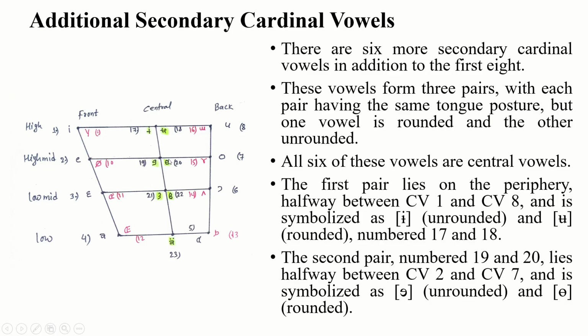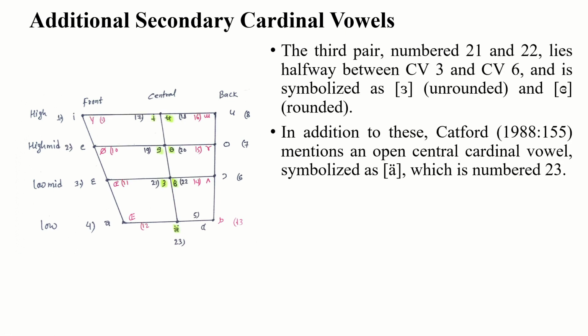Okay, they come between 2 and 7, and is symbolized as this type of symbol, and 20 is symbolized as this type of symbol, and 19 number cardinal vowel is unrounded, 20 number cardinal vowel is rounded.